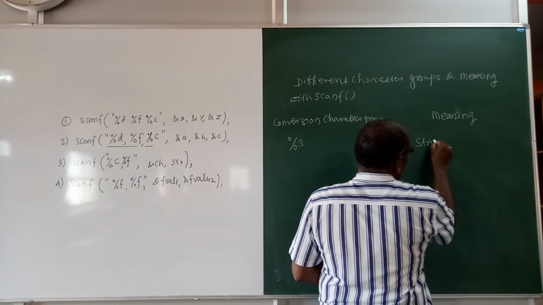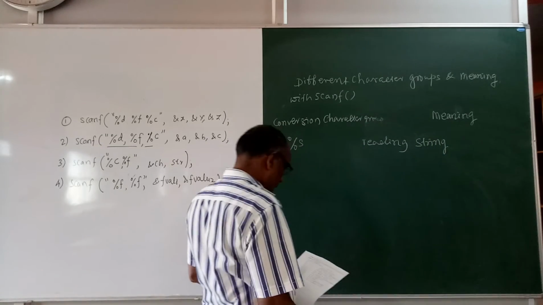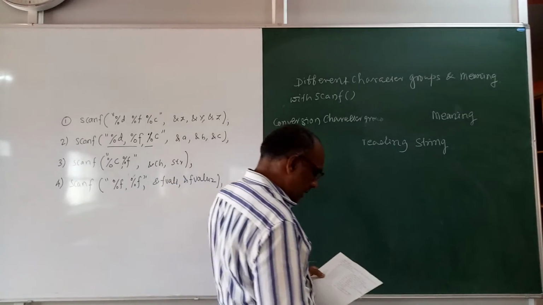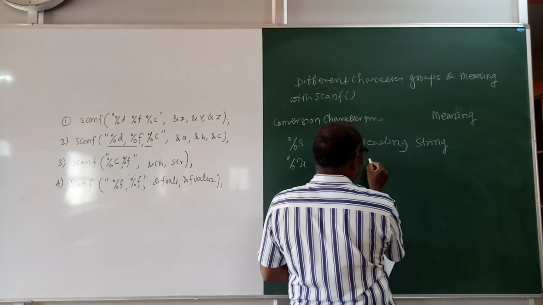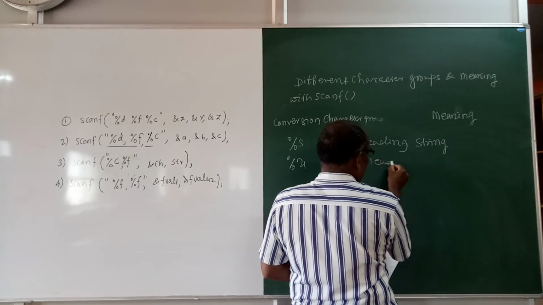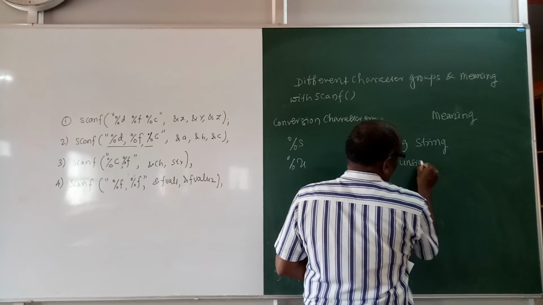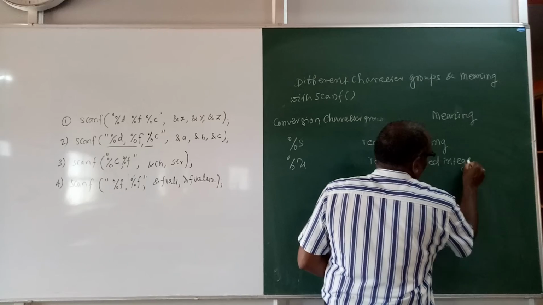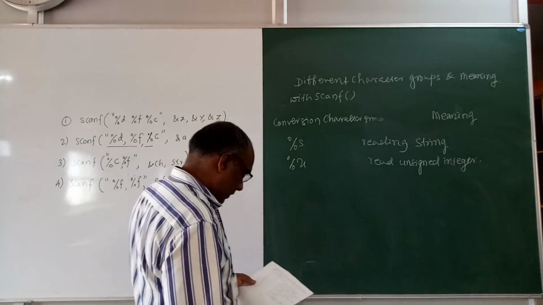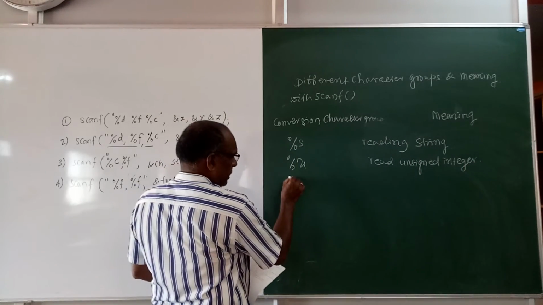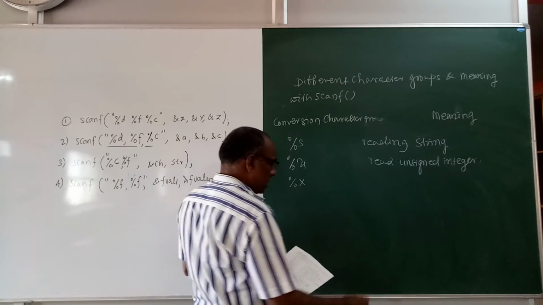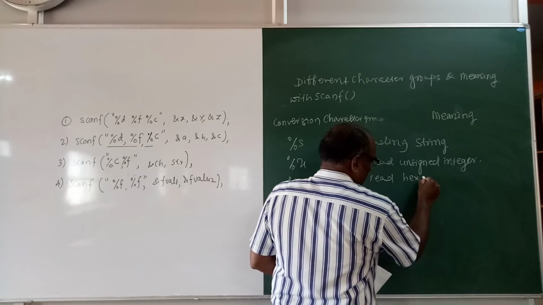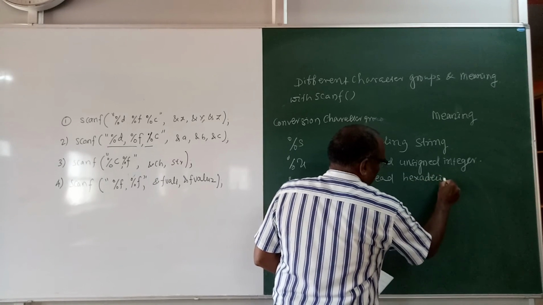Say percent U: read unsigned integer. Percent X: read hexadecimal number.